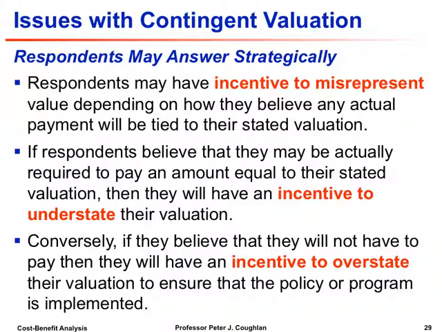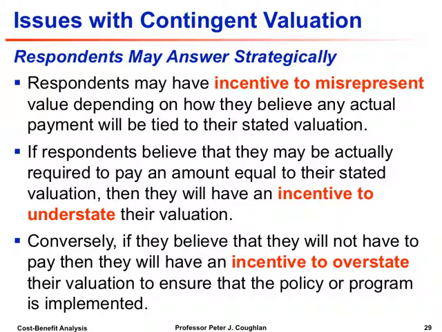On the other hand, if they think they won't have to pay, they might want to overstate it. For example, with these non-monetary incentives, when we ask service members, how much would you like to have home port of choice? They know it's a survey. They may think about the motives of the survey. They may think, maybe the Navy or the Army or whoever's doing the survey is thinking about offering this non-monetary incentive. And I really want it.